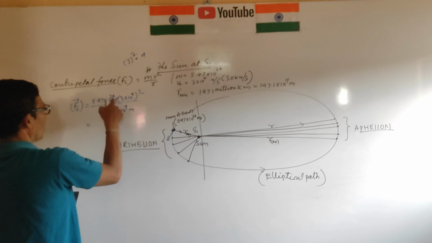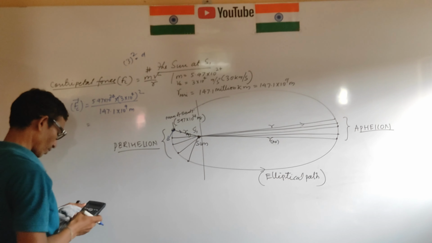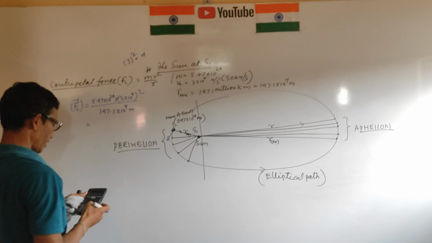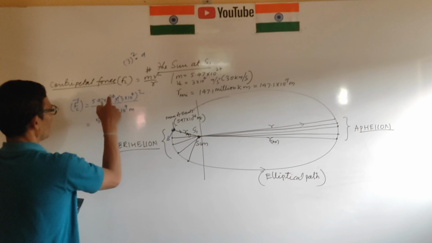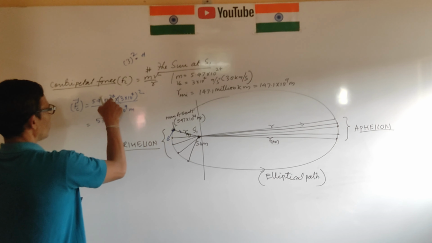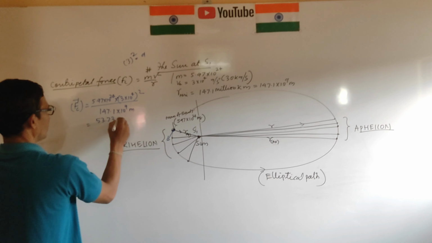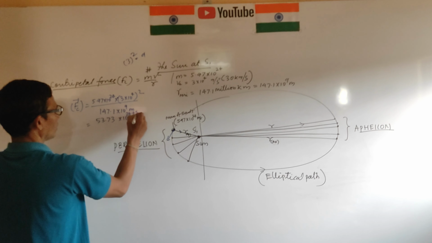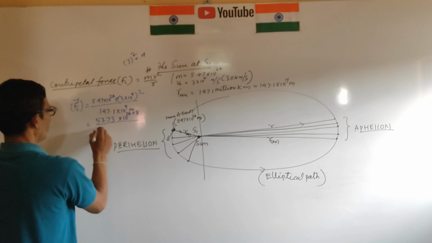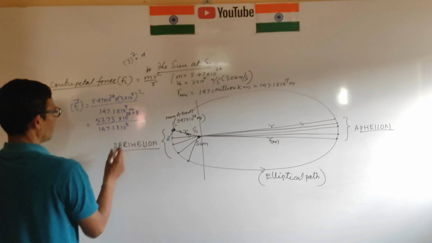When we multiply with 9, that is 53.73, and this is the exponential part, 10 to the power 24 plus 8. Here is 147.1 into 10 to the power 9.